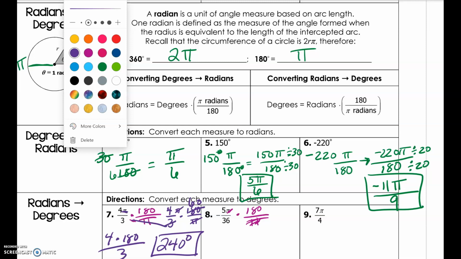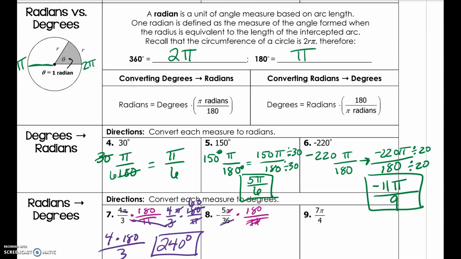It does not. Oh, whoops, I did it the other way around. Yes, it does. It will divide in there and leave a 5. And so you end up with 25 degrees. Negative 25 degrees. Don't forget your little negative. I almost forgot my negative.